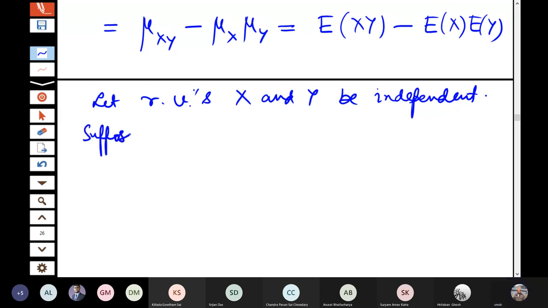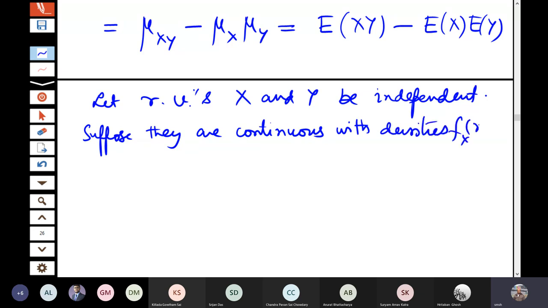Suppose they are continuous with densities fx and fy respectively.